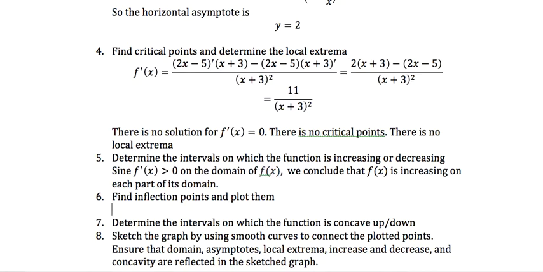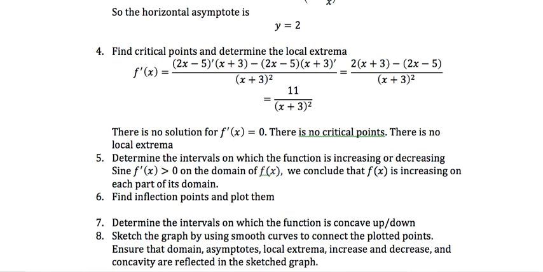Next step, we need to find the inflection points. The inflection points are the points where the second derivative does not exist or the second derivative equals 0. I mean, possibly, if the second derivative does not exist at a point or equals 0, that point is possibly an inflection point.